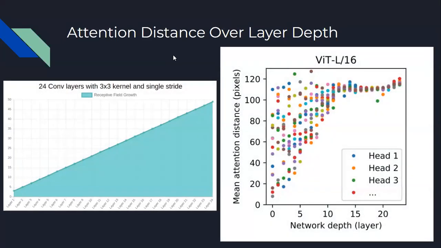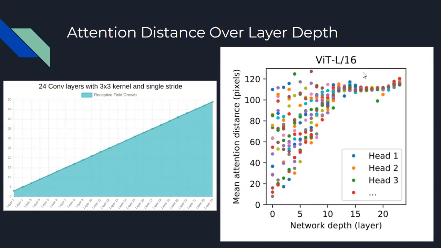Another interesting thing to note is that in these models, because of the way that we're laying out all of the data and feeding it directly into the network, we can get attention across many pixels very early in the network. If we look on the left, you can see what a receptive field would look like with just simple 3x3 kernels in a convolutional neural network model. As we stack layers in a traditional CNN, we take local features and keep building more layers on top of them to get access to more pixels as we build the network.